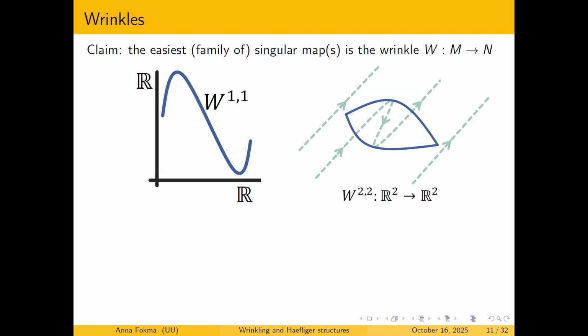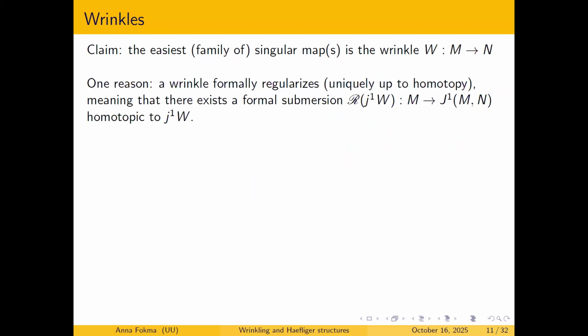Now, there are multiple arguments for this claim, why it's a mild family of singularities. One would be, for instance, that its singularities are contained in a compact set, which is always nice. You could also do some singularity theory and classify the singularities, then you'll see they're not that bad. Another reason is more applicable to H principles, and that states that a wrinkle formally regularizes, meaning that if you have the wrinkle, you can take its jet, and that jet will not lie in the submersion relation because of the singularities.